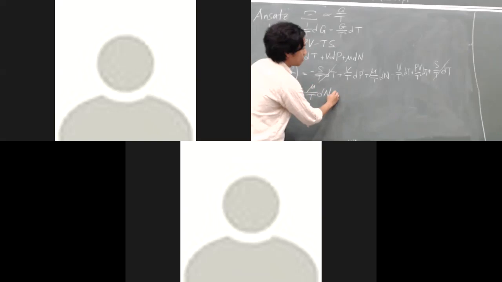So we just write down what's left. Let's write it in a slightly different order: mu on T dN minus U on T squared dT plus V on T dP plus PV on T squared dT. So this is the d(G/T).